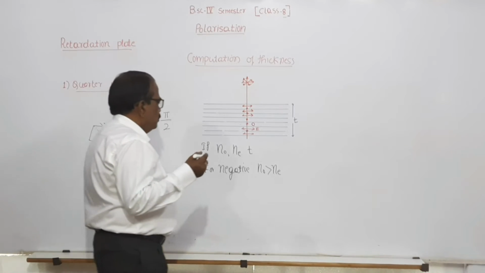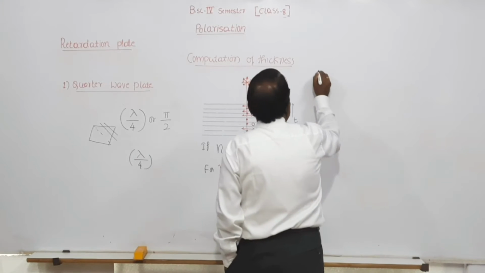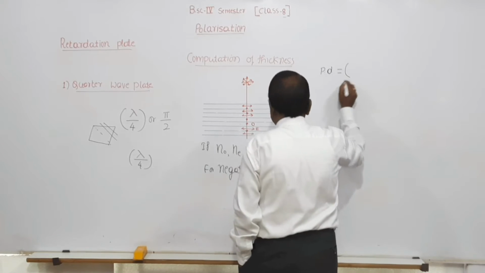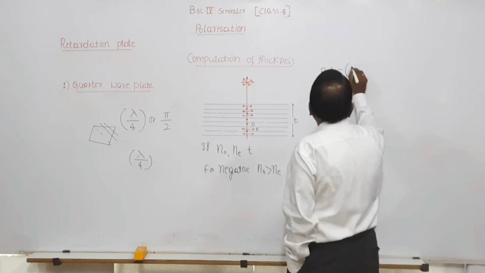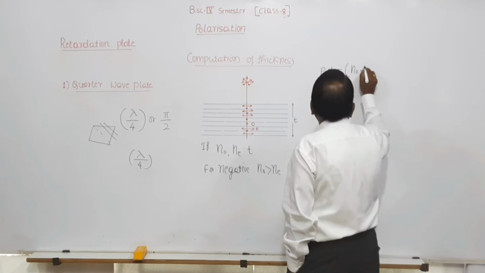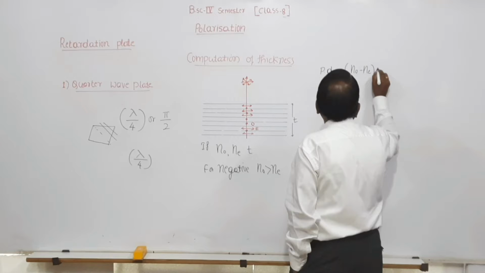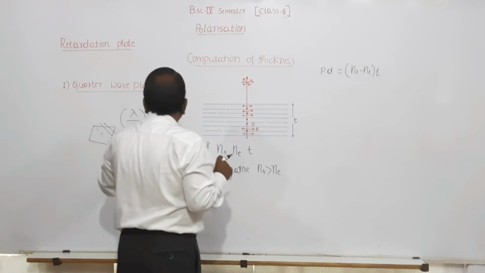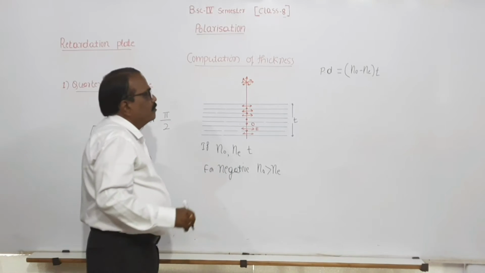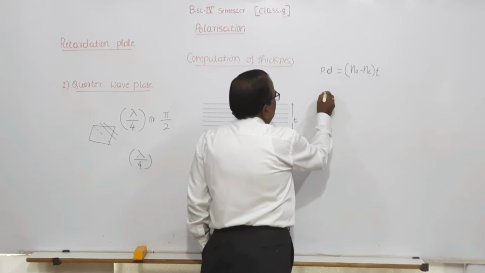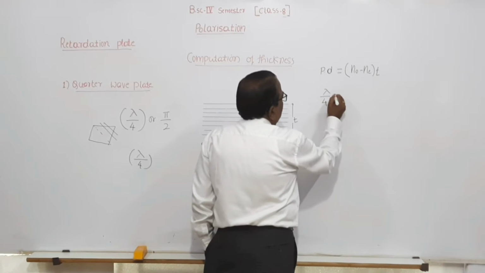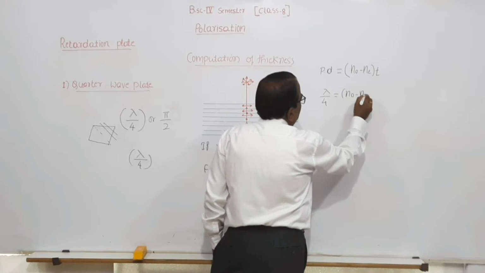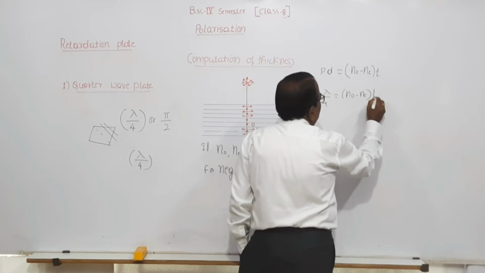Then this optical path difference can be written as, since NO is greater than NE, NO minus NE into T. But for a quarter wave plate, this path difference should be lambda by 4. So lambda by 4 is equal to NO minus NE into T.